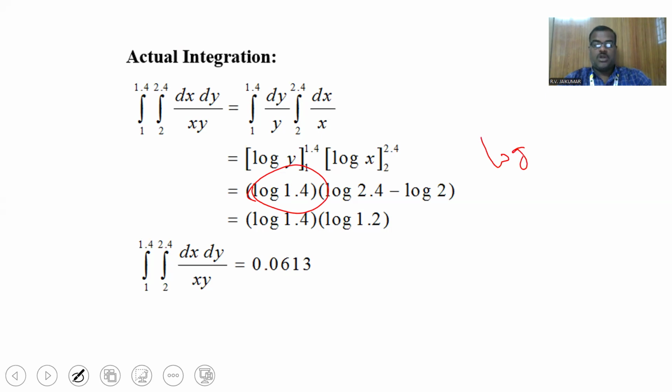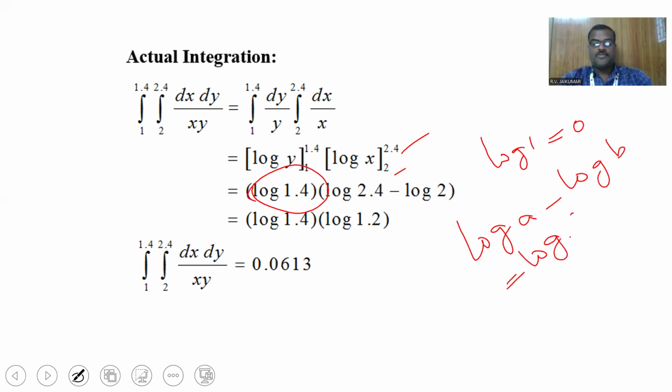You know the value of log 1 is 0. So log 1.4 into log 2.4 minus log 2. You should know one more thing: log a minus log b gives you what? Log of a by b, right?